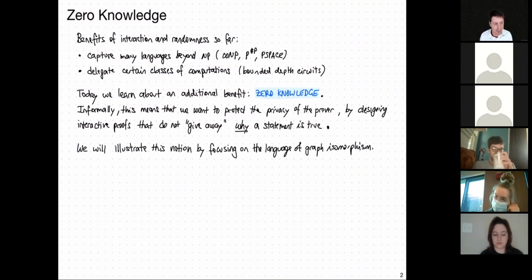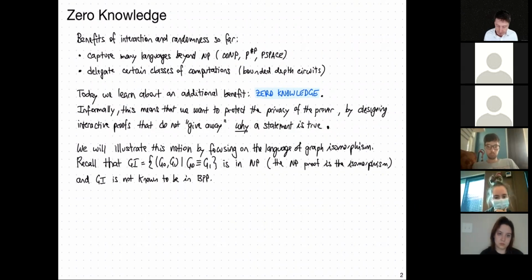This sounds pretty abstract, but probably a very good way to illustrate this notion is by focusing on the language of graph isomorphism. It's a language inside NP, which we've seen before. Remember, this is GI, not GNI. The language GI consists of pairs of graphs that are isomorphic.